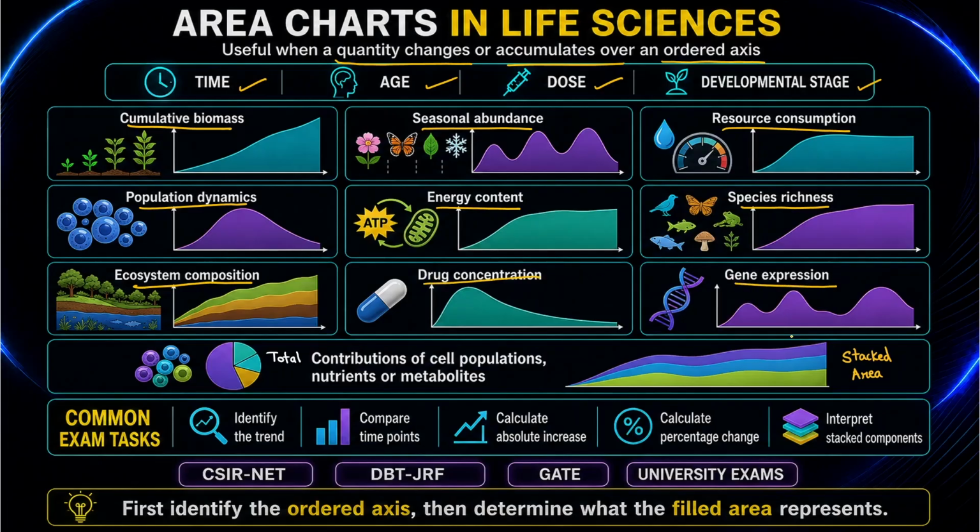Stacked areas can also show how cell populations, nutrients, or metabolites contribute to a total. In exams such as CSIR NET, DBT, JRF, GATE, and university exams, you may be asked to identify a trend, compare time points, calculate absolute or percentage change, or interpret stacked components. So identify the ordered axis and then determine exactly what the filled area represents.